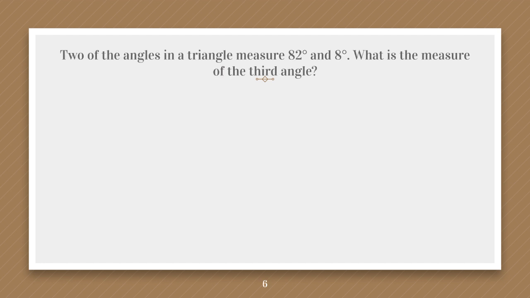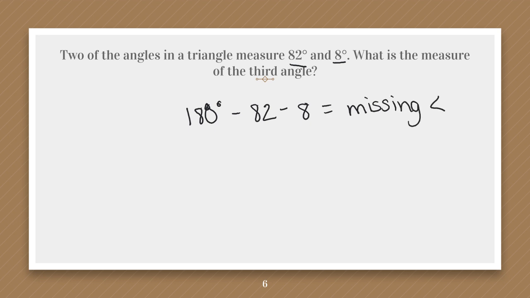Okay, so on this one, it tells me that two of the angles of a triangle measure 82 degrees and 8 degrees. What is the measure of the third angle? So in a triangle, the interior angles need to equal 180 degrees. So if I do 180 degrees minus 82 minus 8, that will equal my missing angle.